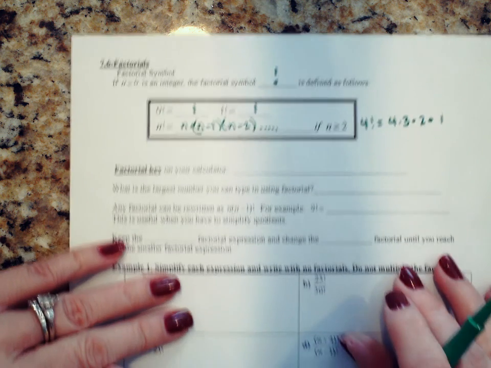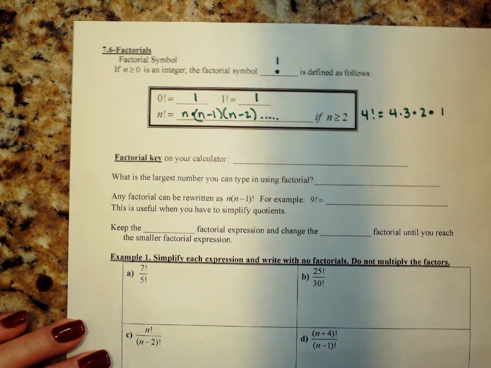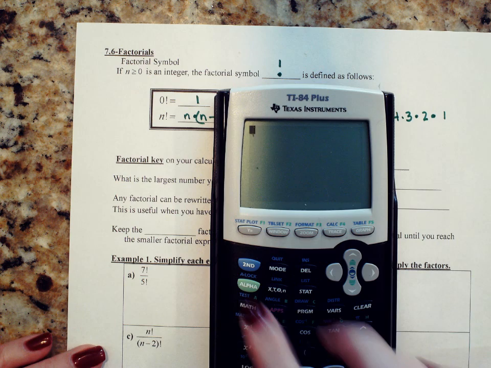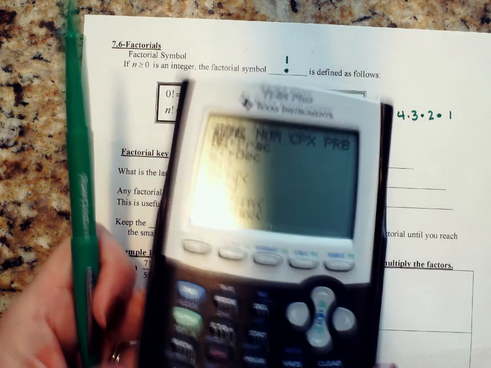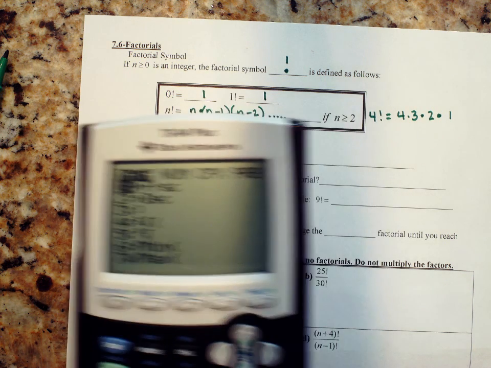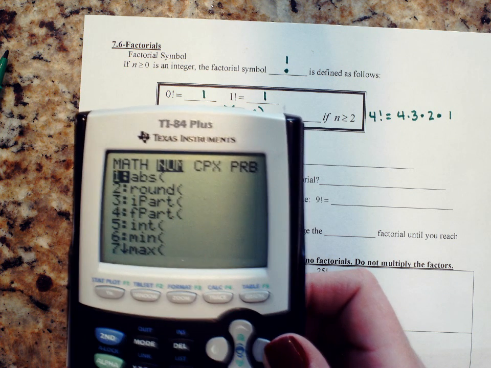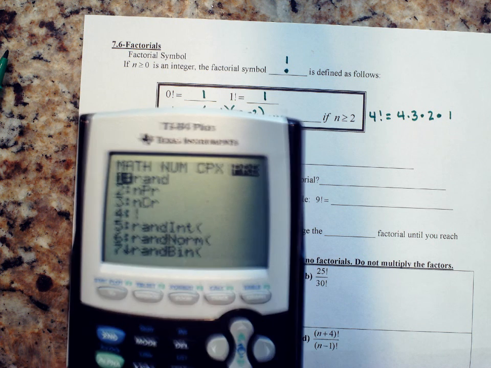There is a factorial key on your calculator. If you go to your calculator and go under Math, go all the way to the right to PRB, and it is option number 4.